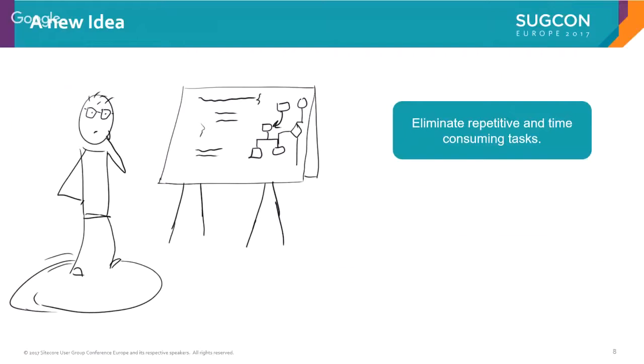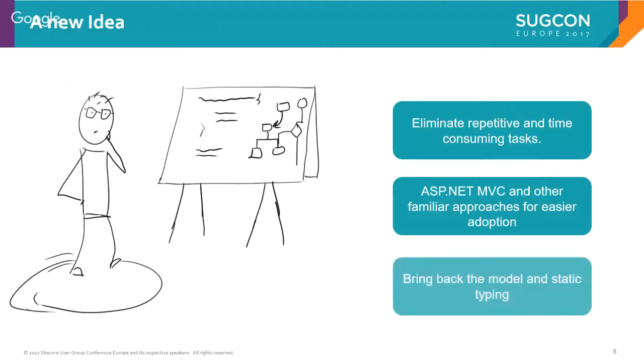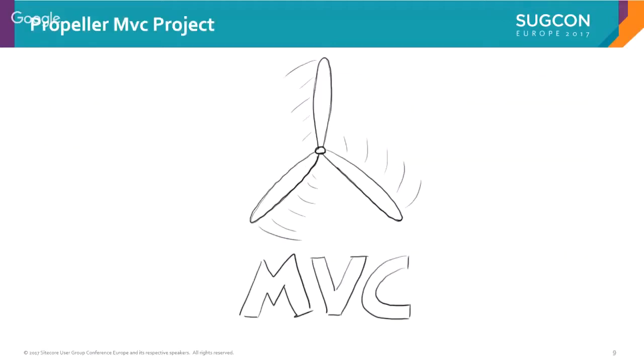And he wants to do it in a fashion that's familiar to .NET developers, so use a concept that they're aware of already. And lastly, he wants to bring back the concept of the model and have static typing throughout his objects. So with these goals ahead, his new project was born, called Propeller MVC. By now you have probably guessed that the developer was me.